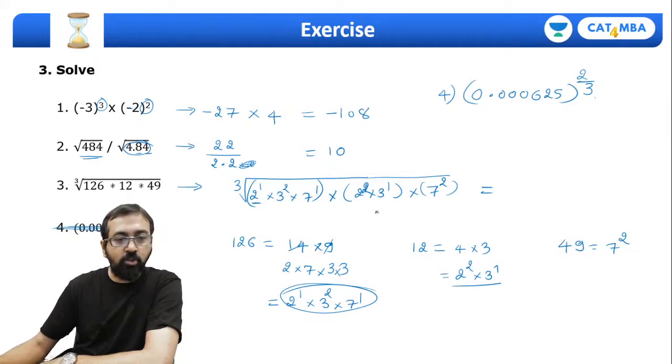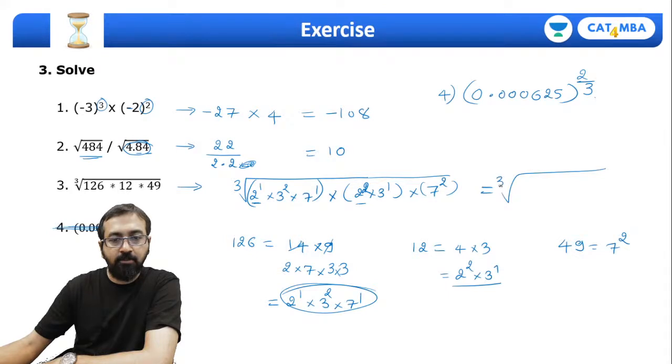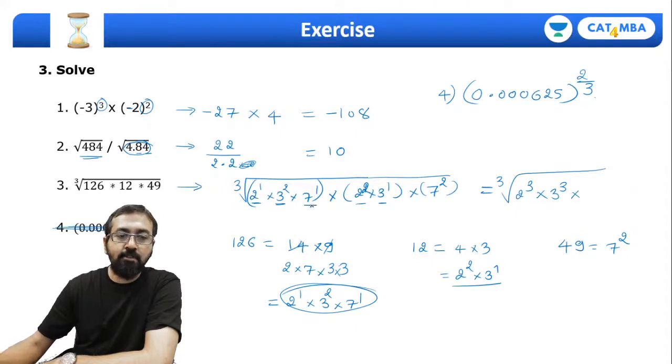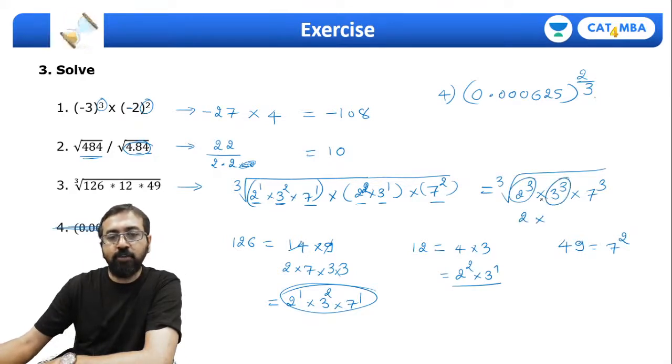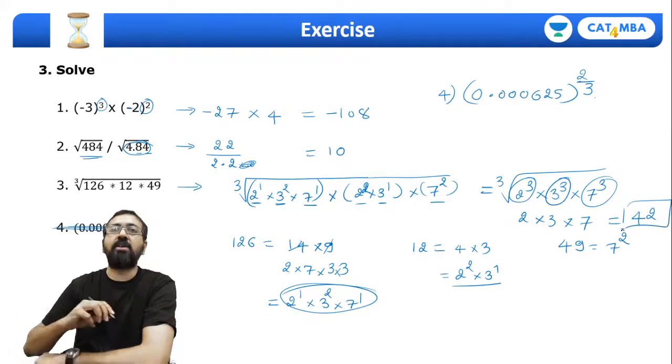So what are the total powers of 2? It's 2 cube. Okay, so it's cube root of 2 cube into what are the powers of 3? 3 square into 3 raised to 1, it's 3 cube, into what are the powers of 7? 7 cube, right? So now what is cube root of 2 cube? It's 2. Same way, cube root of 3 cube, it's 3. Cube root of 7 cube, it's 7. So answer is 42. 2 into 3 into 7.